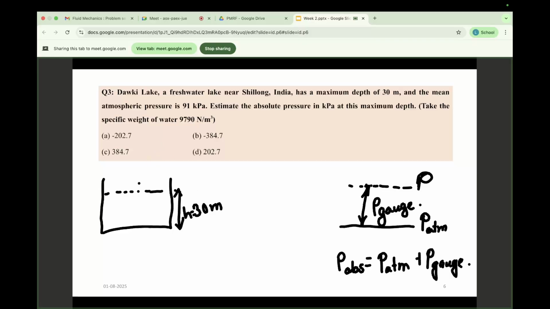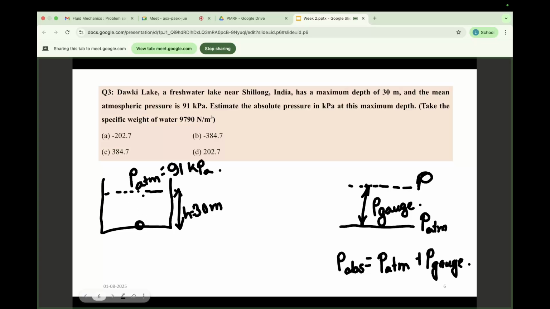Also they have given the atmospheric pressure P ATM as 91 kilopascal. You are asked to find the pressure at this point, right?